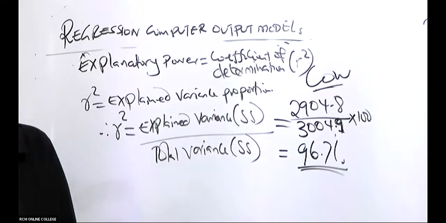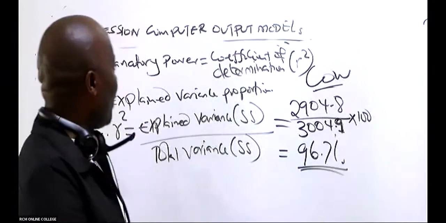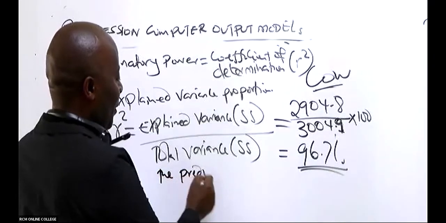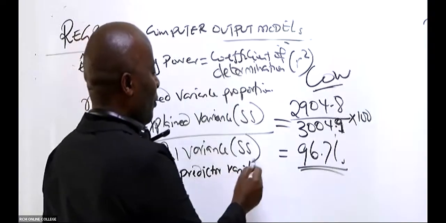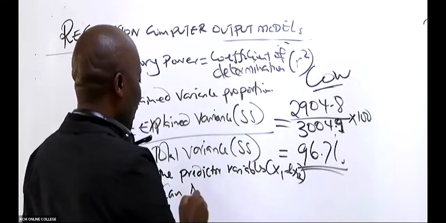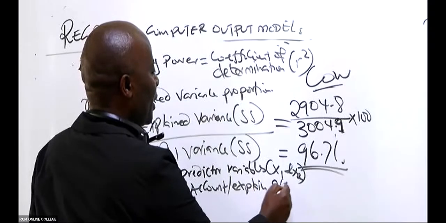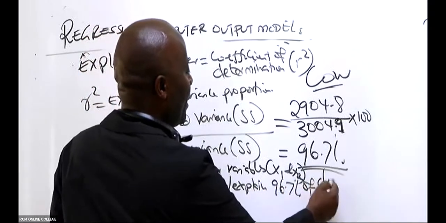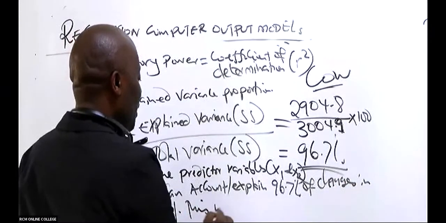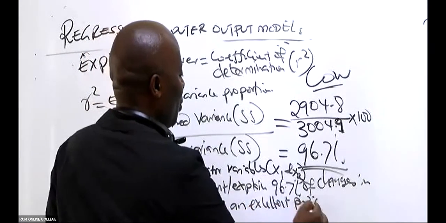Thank you so much. So don't forget to interpret it. This means automatically that the predictor variables, that is X1 and X2, can account for, that is explain, 96.7% of changes in Y. This is an excellent prediction model.